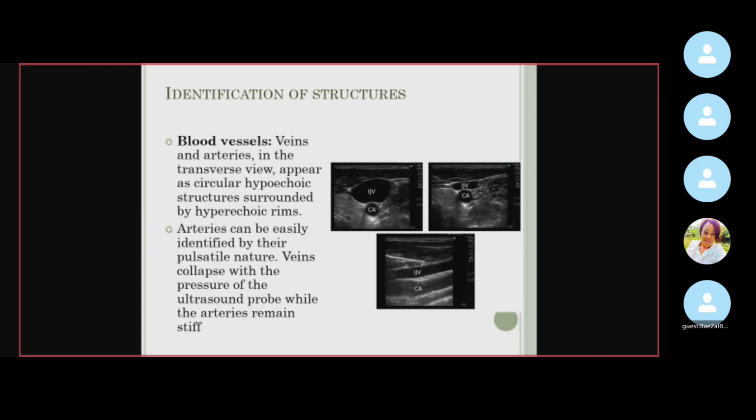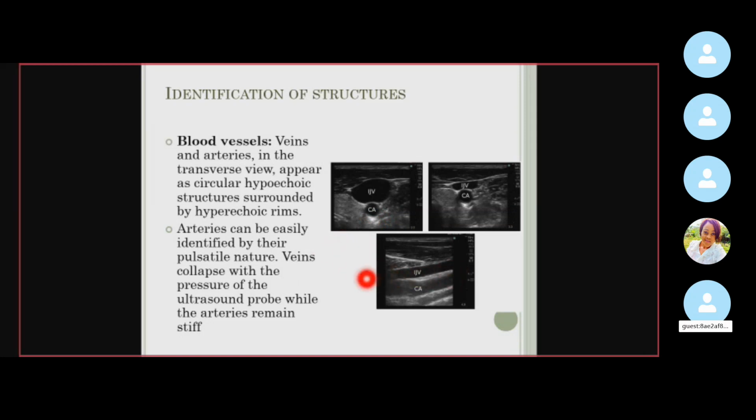So in transverse, we will see cut sections because transverse means axial scanning, right? So here we see the arteries and veins as round in this plane. If I show you the picture, you should tell me whether it is a transverse plane or a longitudinal plane.